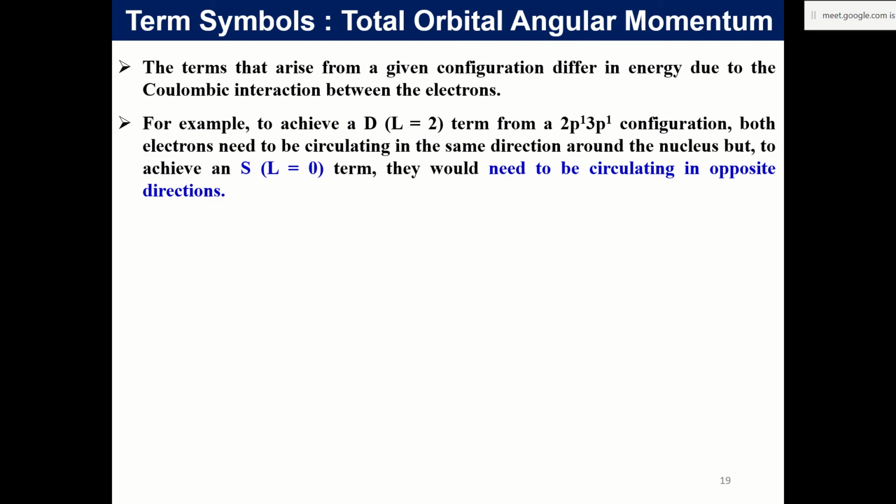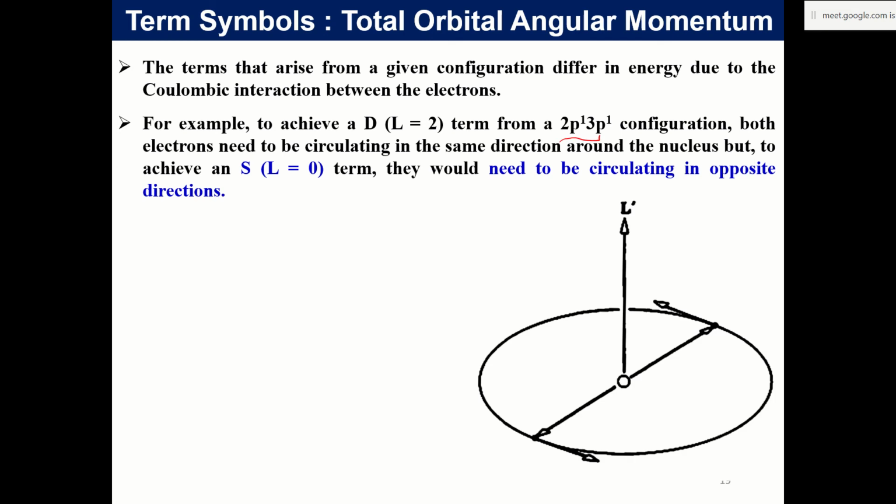When you have two different orbitals, one electron each, in such situations high L can be obtained when both have the same ml, so plus 1 or something like that. In that case, they are orbiting in the same direction.